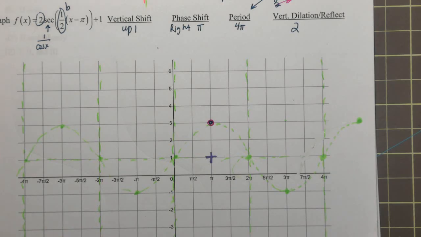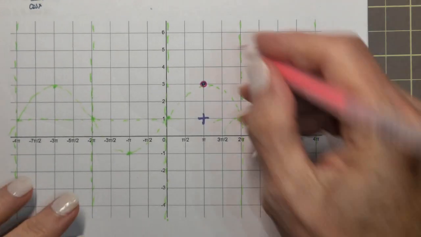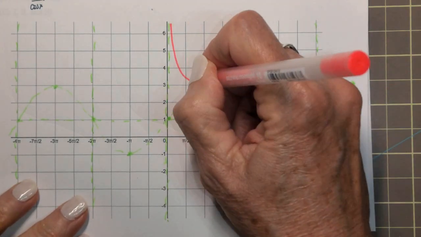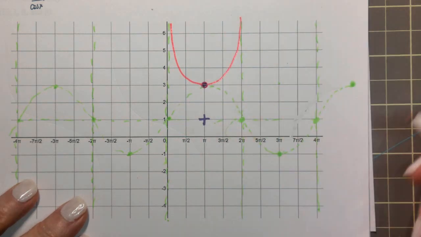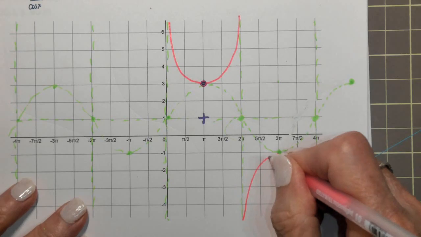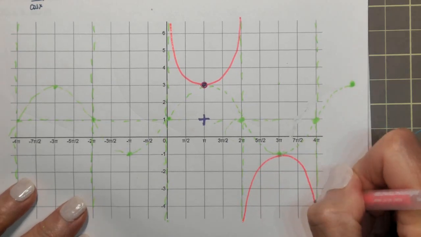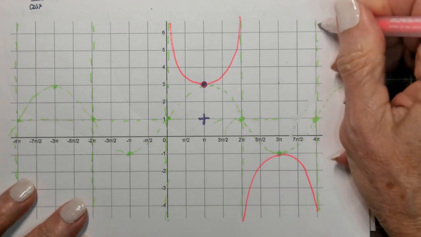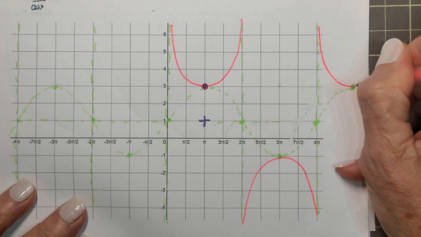And now it gets super easy, because now all we have to do is draw our U's. So my first U is right here. My second U is right here, and that completed one period. Now I just have to finish my graph.